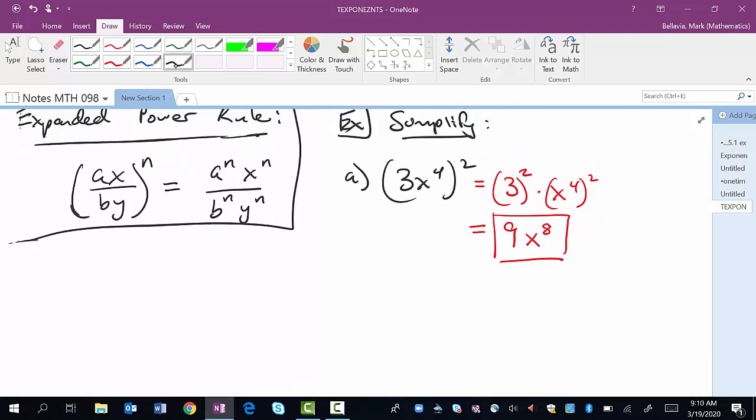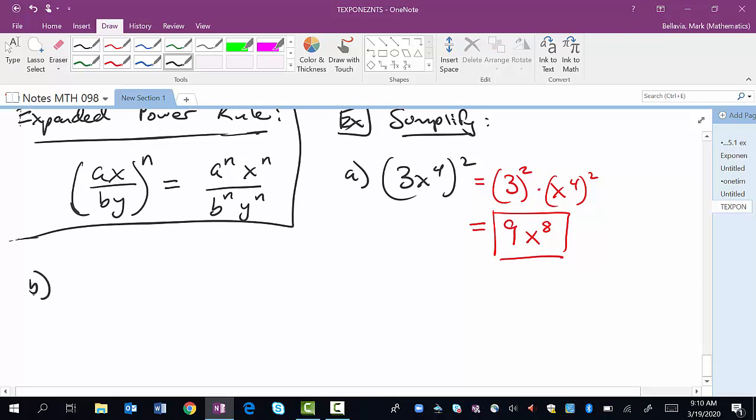Take a look at another one. If I said I had, let's say, parentheses negative 4x squared y to the third, all raised to the third power. Remember that power can be brought to each of these factors inside, including the negative 4.